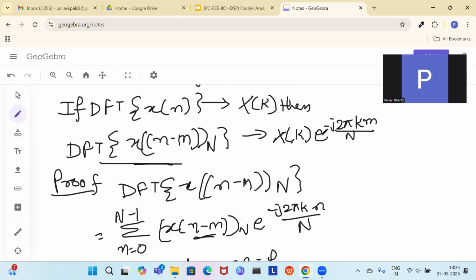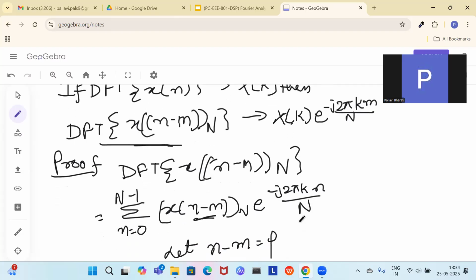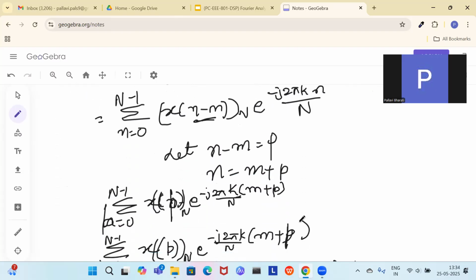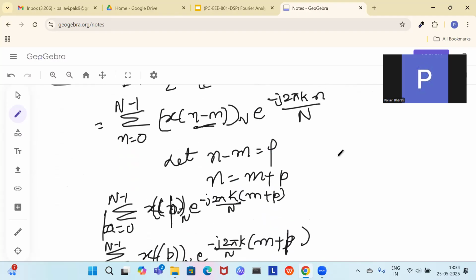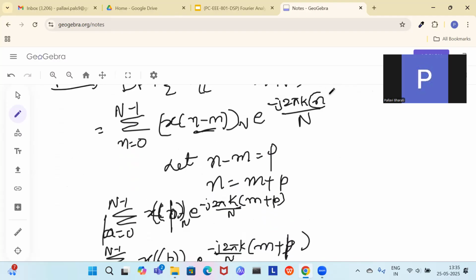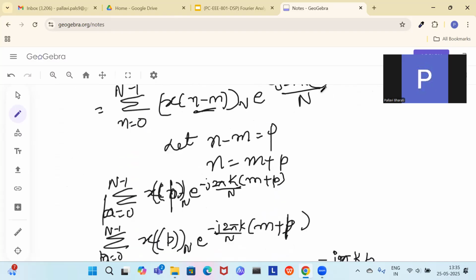The next thing that we did was we took the LHS of the equation. We wrote the formula of DFT, which is e to the power minus j 2 pi k n by N. Now we took n minus m is equal to p. When we took n minus m is equal to p, this full thing n minus m will be written as only p. And this small n is written as m plus p.